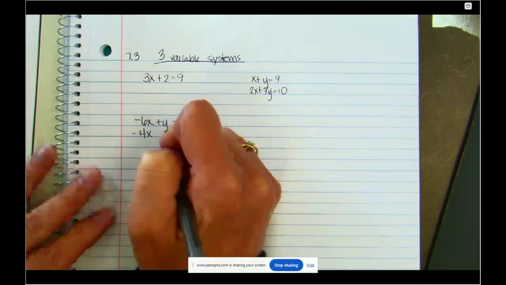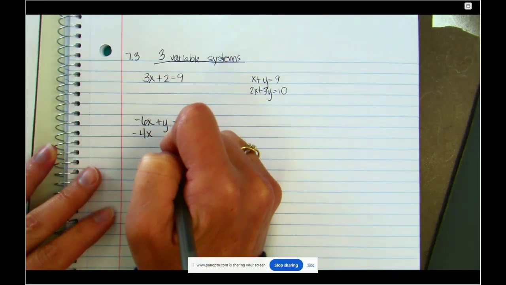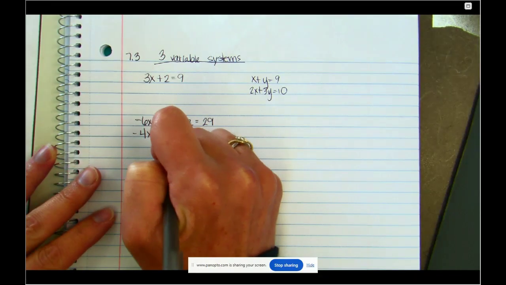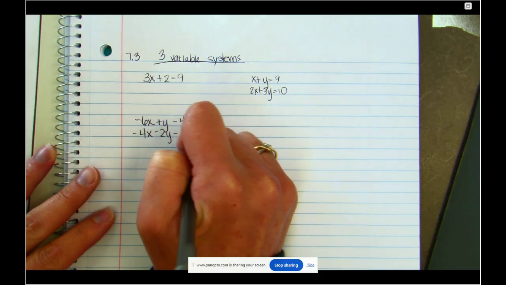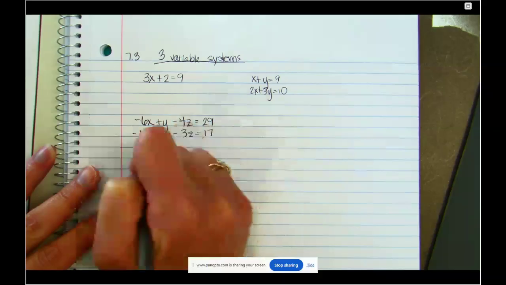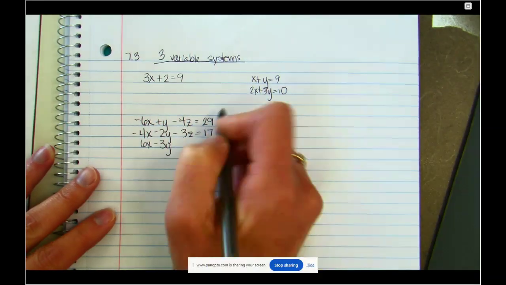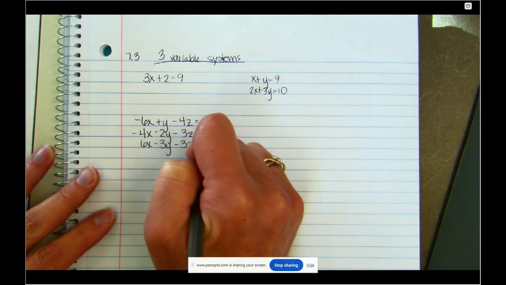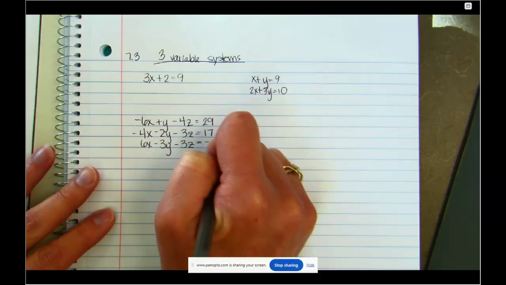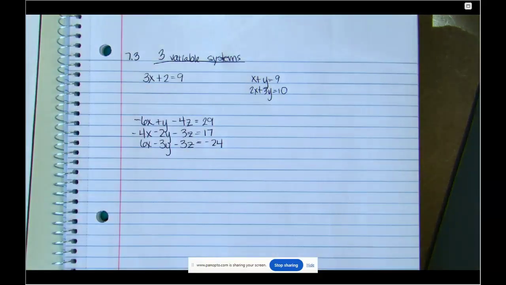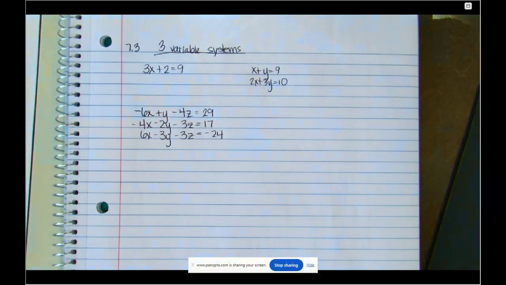Minus 2y minus 3z equals 17. 6 minus 3 minus 3z is equal to negative 24. Okay. That's probably not my nicest choice for the first one. That's okay.